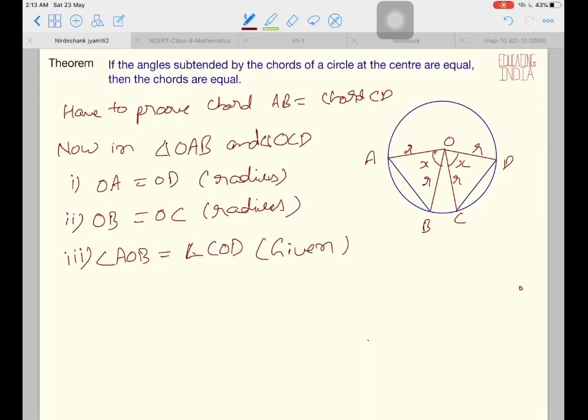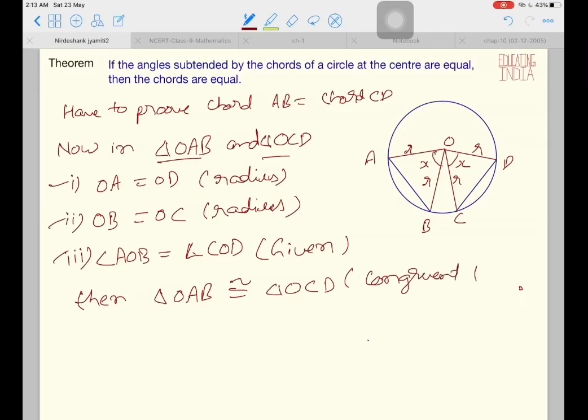So if in two triangles these three things are equal, then triangle OAB is congruent to triangle OCD. These become congruent triangles.